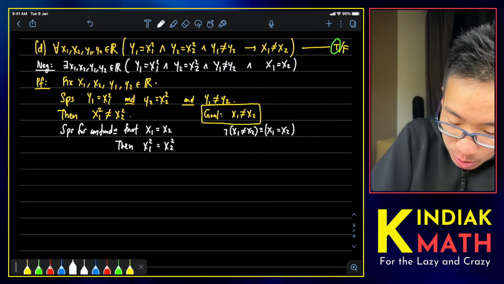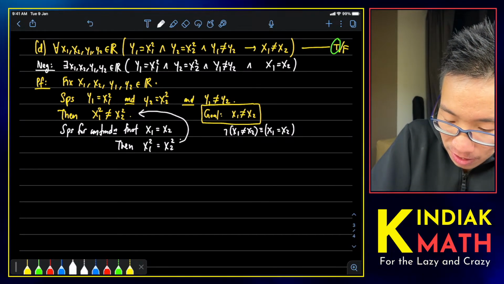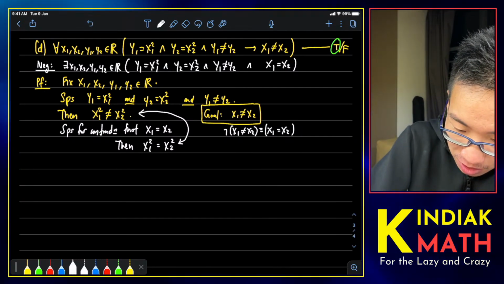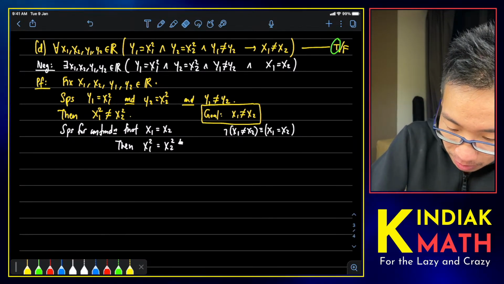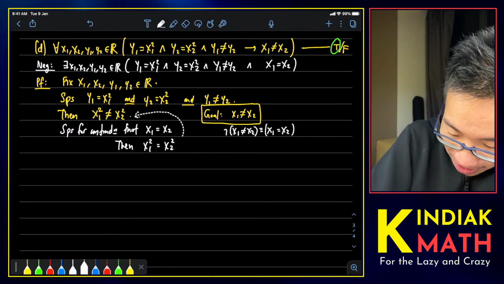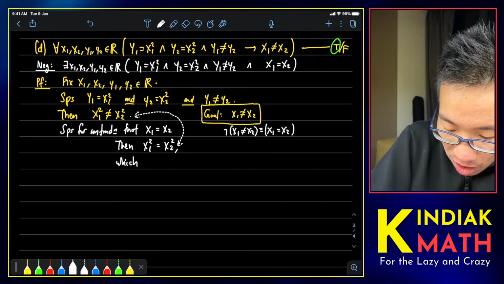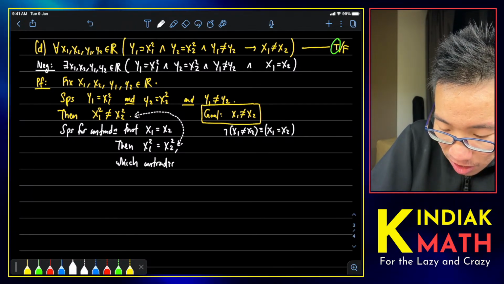However, this will contradict this assertion, contradiction. So to formalize that, let me just draw that in dotted lines. And to formalize that, we'll say which contradicts x1 squared not equal to x2 squared.